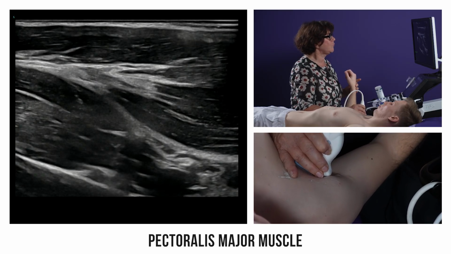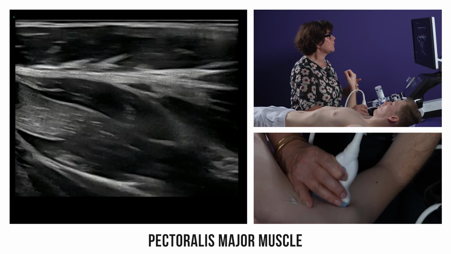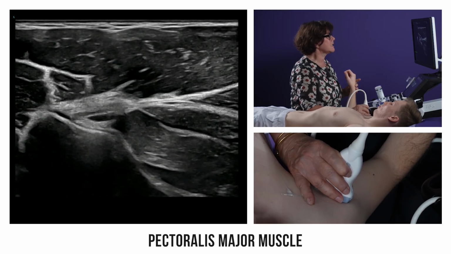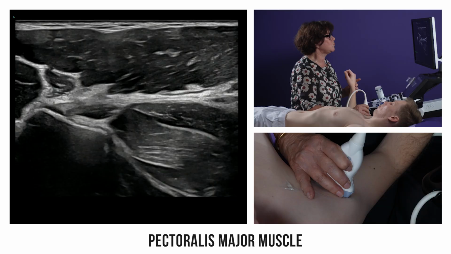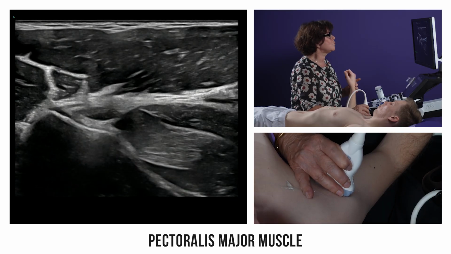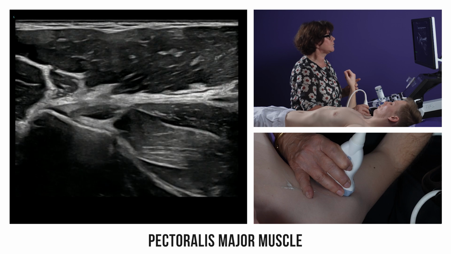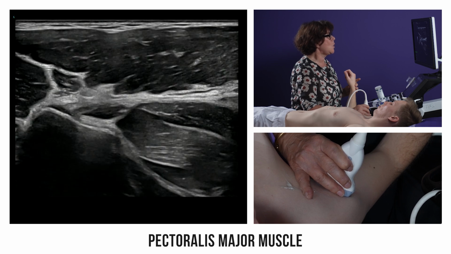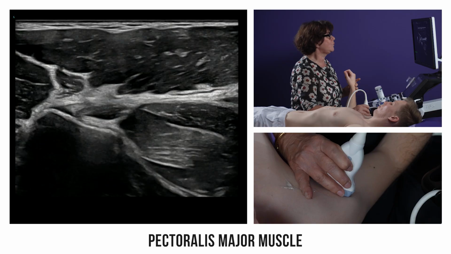These converge into the tendon. On ultrasound, we cannot usually distinguish the two parts of the tendon, although we may sometimes see a small hypoechoic line separating the upper from the lower sternal bundle.